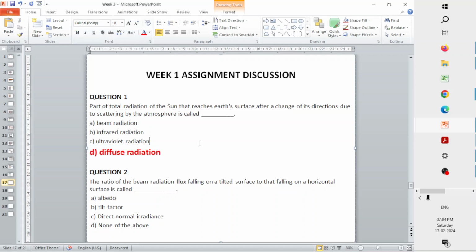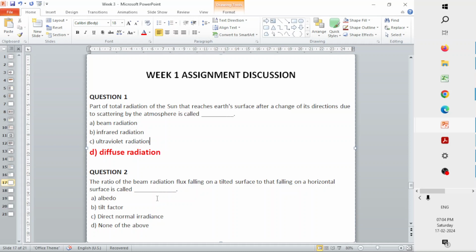Then the next question is the ratio of the beam radiation flux falling on the tilted surface to that falling on a horizontal surface. Again, this is how much radiation will fall onto your horizontal surface and your tilted surface.